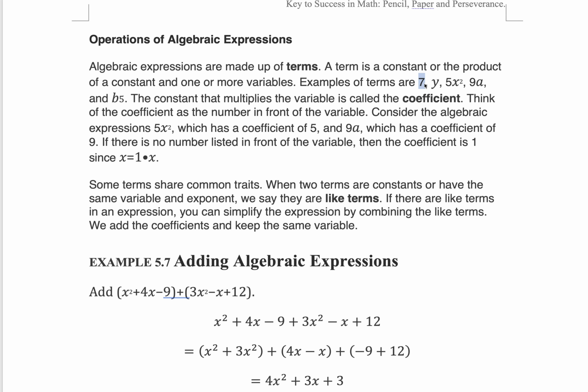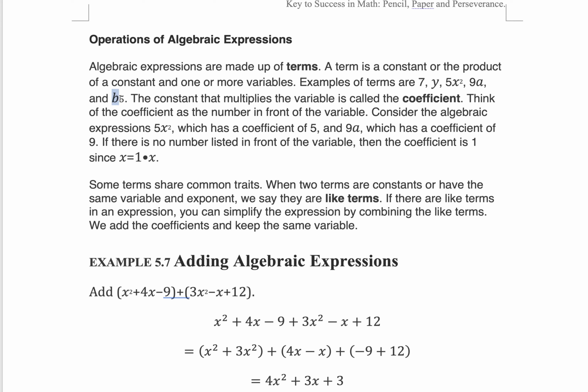A single number 7 is a term. This time we have notation y, and then we have a constant multiplied by a variable raised to a power. That is a term. And this is a term, 2 times b raised to the power of 5.